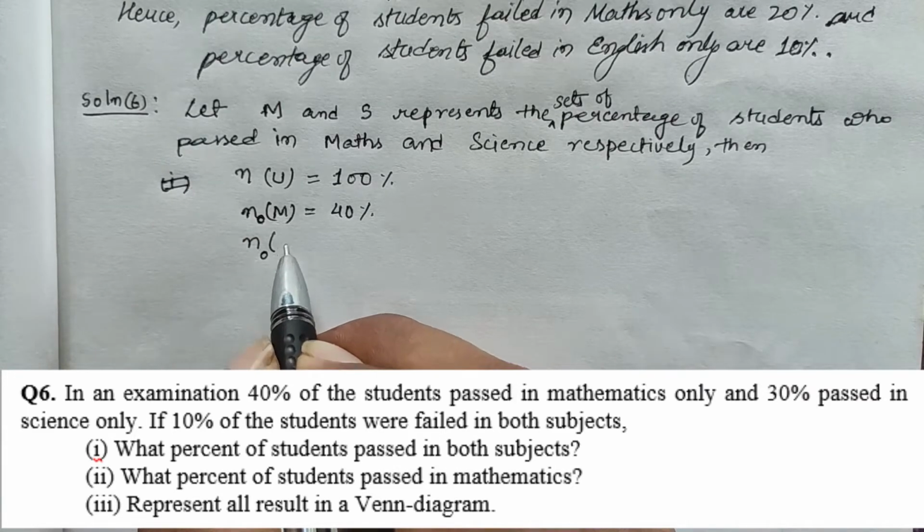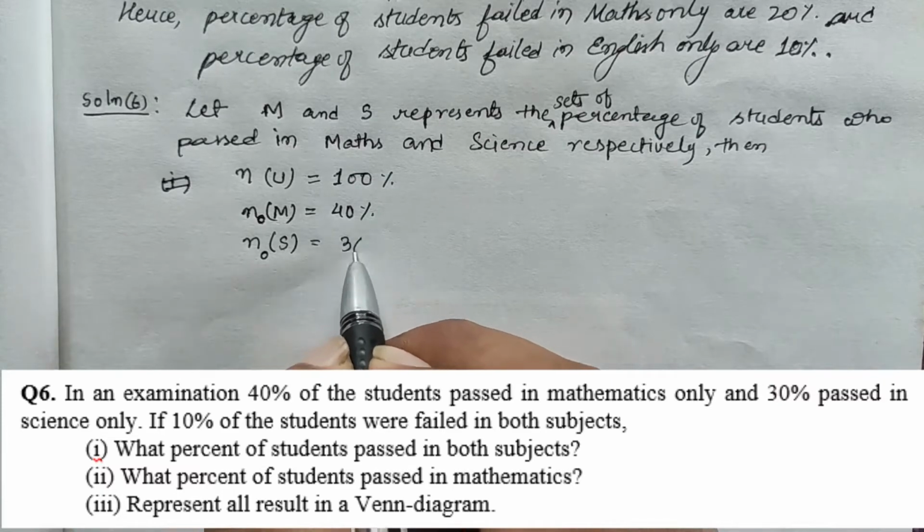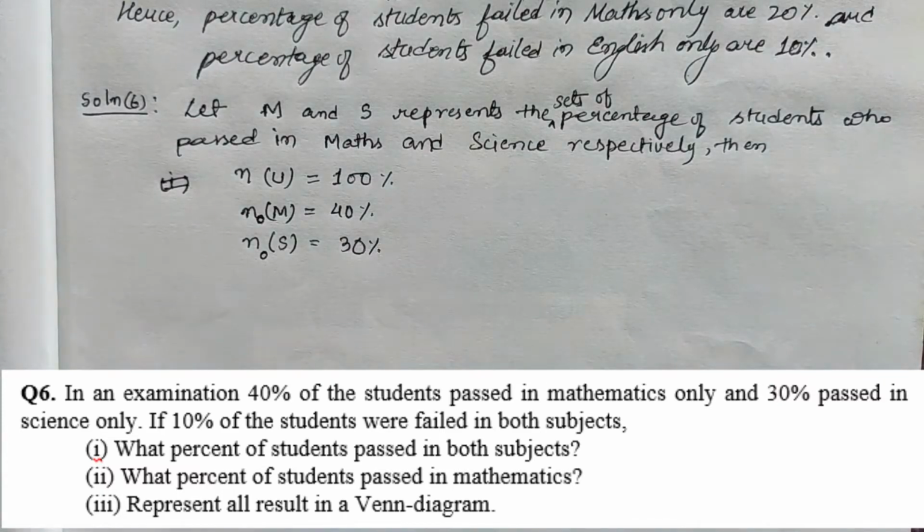And n(only S) is how much? 30%. In this way you have to write the given.